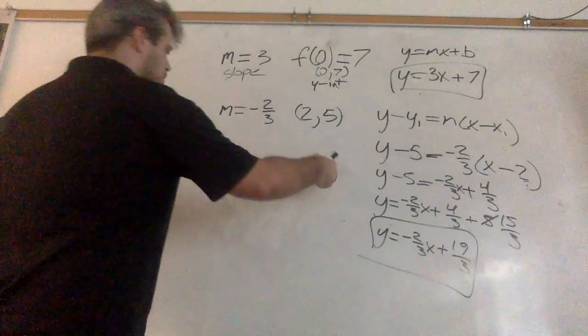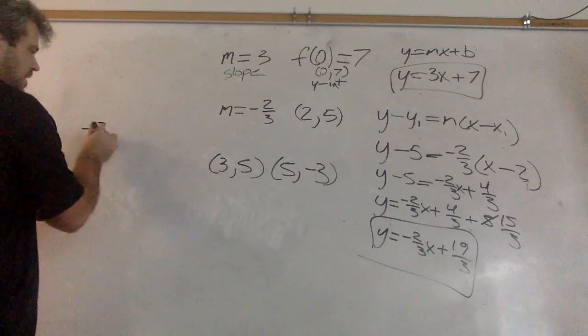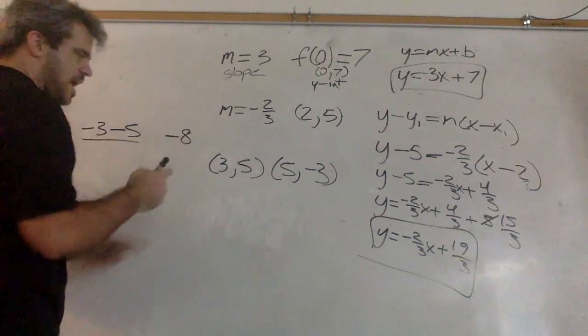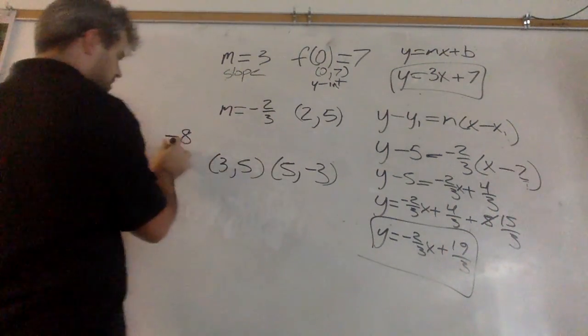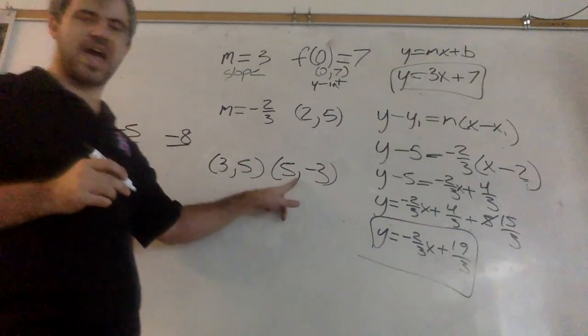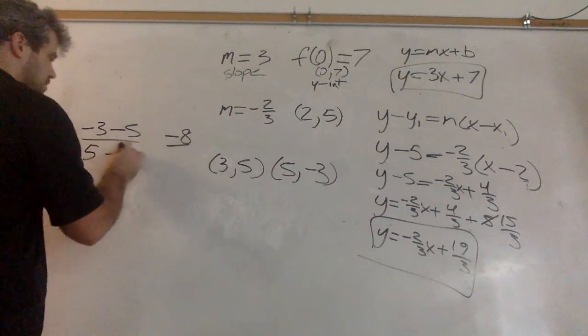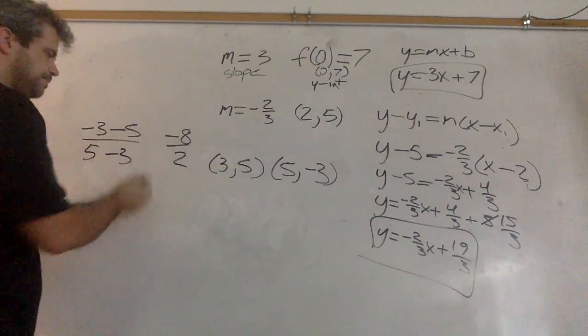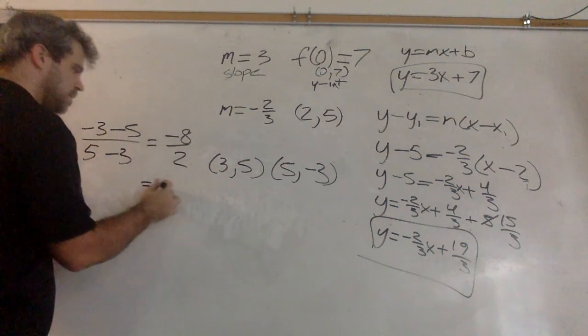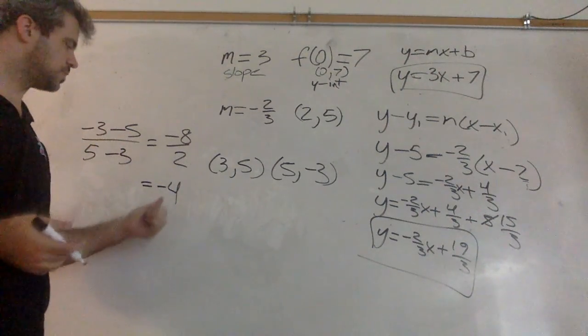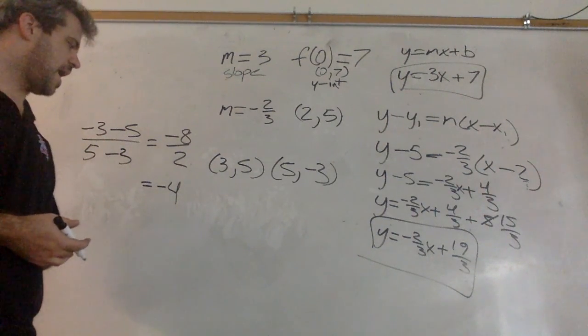Our change in y is negative 3 minus 5, so that's going to be negative 8. We've decreased by 8. Our change in x is plus 2. Okay, 5 minus 3 is 2. So our slope is negative 4.